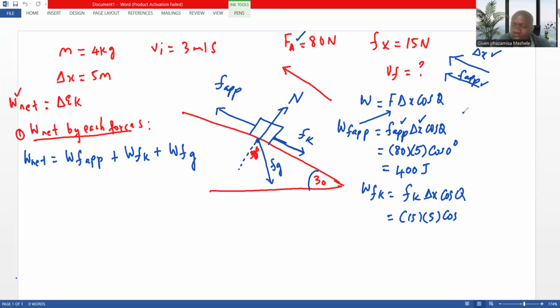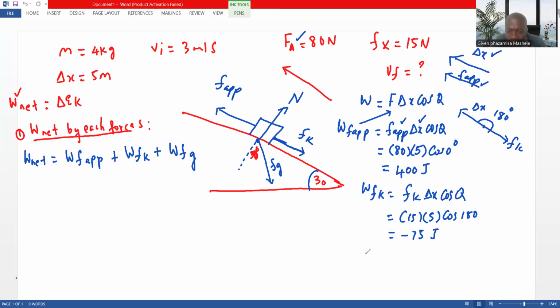The object is being moved upwards, so this is the direction of delta x, and the frictional force opposes the motion, so it acts in the opposite direction. The angle is 180 degrees. So this will give us a magnitude of 75, or actually negative 75 joules.